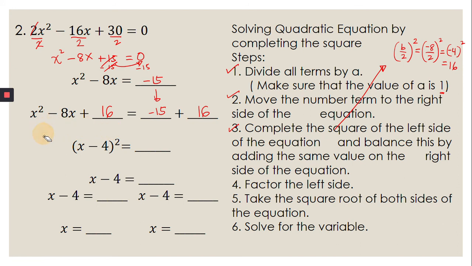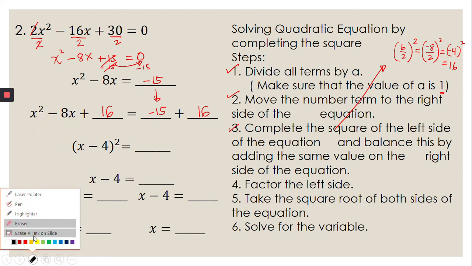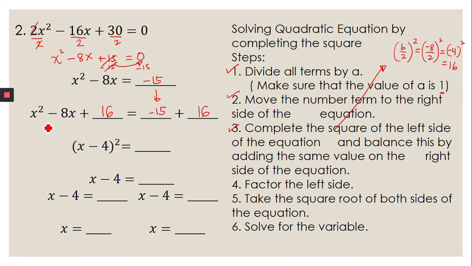Okay, let's factor x squared: x times x, and 16 is 4 times 4. Now since this is negative, they will be both negative. So that's why you have x minus 4 squared, right? And then negative 15 plus 16 is 1.